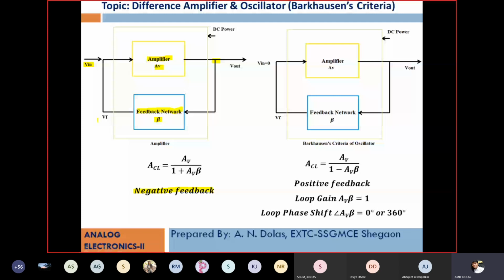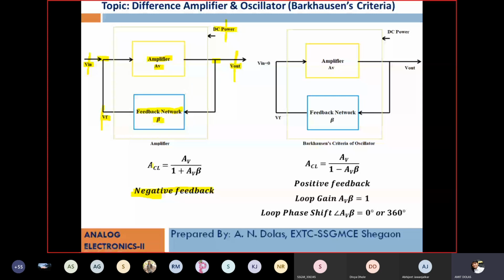Of course, to operate this circuit, which is an amplifier, we need DC power, which we generally call the VCC supply. So we have the supply, we have the input, we have the feedback voltage of negative feedback type, and we have the output in the amplifier. AV is the amplifier gain, beta is the feedback factor. Accordingly, you already learned the characteristic equation in EDC as well.